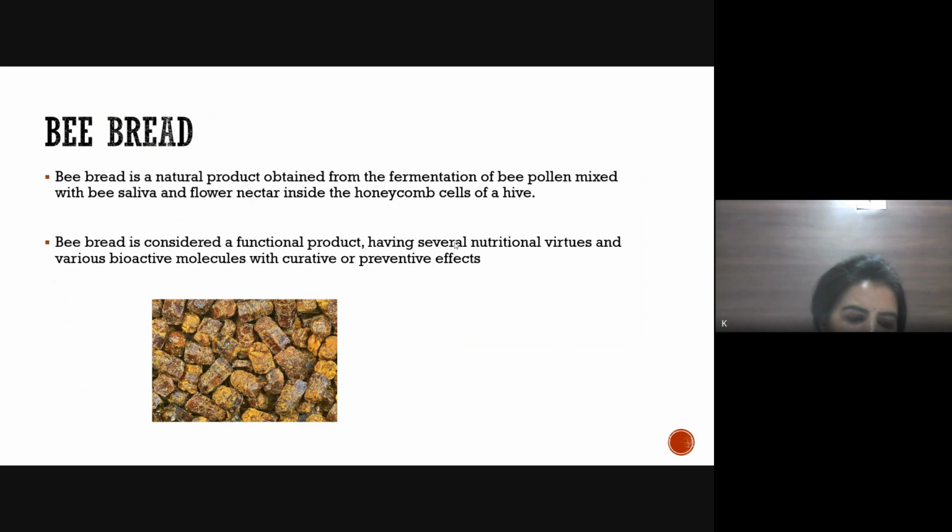It's got some arginine, histidine, and so on. Out of 18, it's got 10 amino acids.